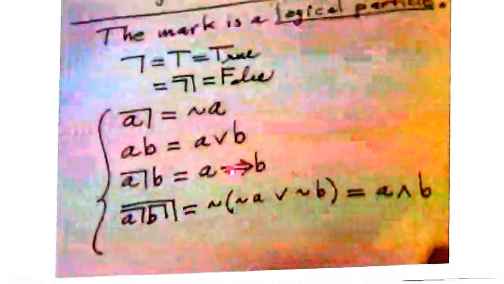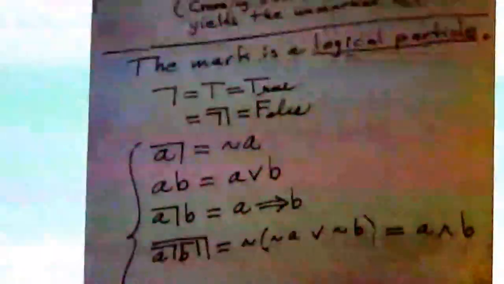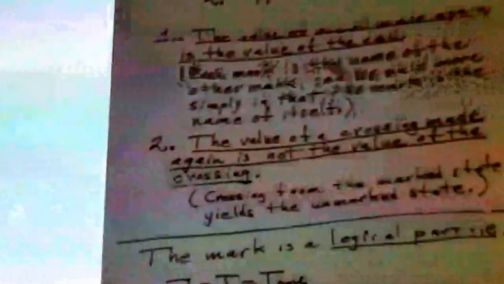And then negation is given by crossing, juxtaposition is or, A cross B is A implies B because it's not A or B, and A cross B cross all is not the or of two nots, which by De Morgan's law is and. Now you have ordinary logic, and you can do calculus of logic with this, and it's often convenient.